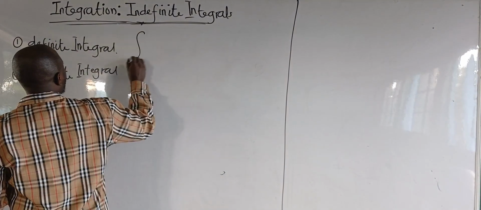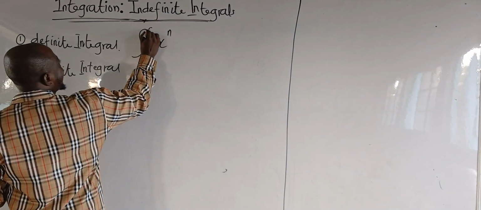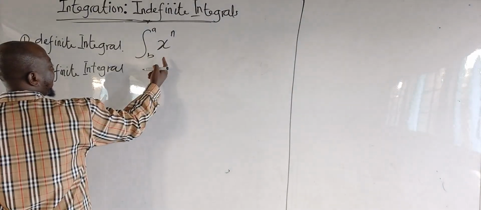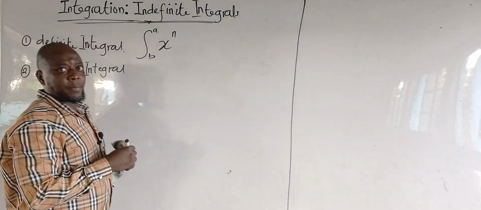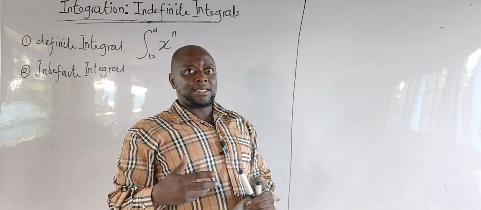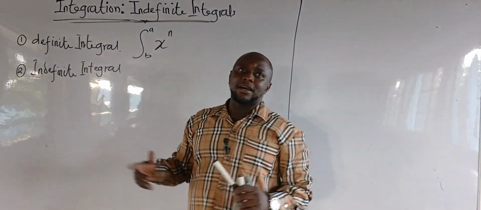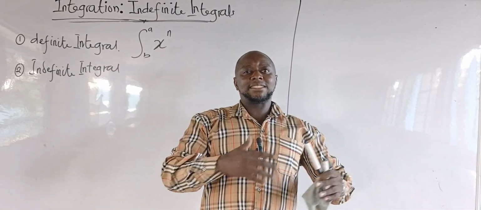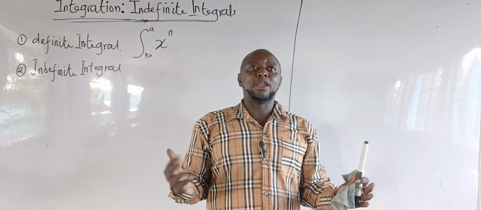So look at this. If I have x raised to the power of n, and I have any number added to this integral sign, this becomes a definite integral because we know the numbers. It becomes a definite thing. But an indefinite integral is simply the integral sign without upper and lower limit.